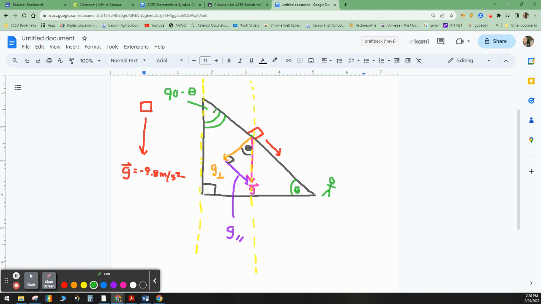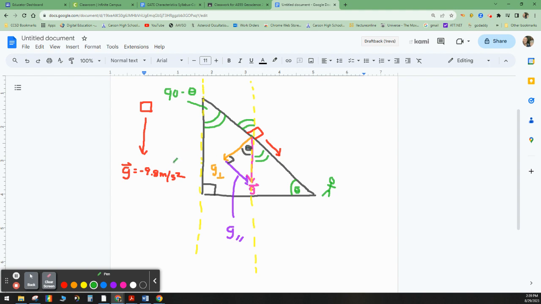With two parallel lines and a transversal, alternate interior angles are congruent. So this is congruent to this, and these here are vertical angles, so this is equal to this, which is equal to this. If this is 90 minus theta, and this here is 90 degrees, then this has to be theta as well.